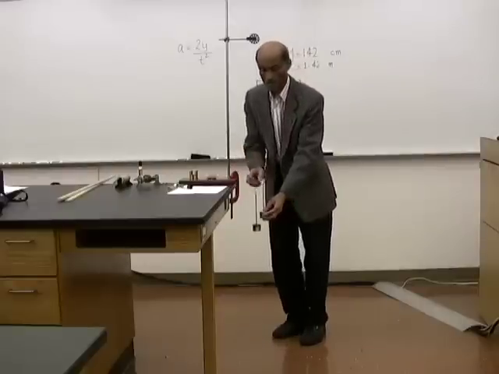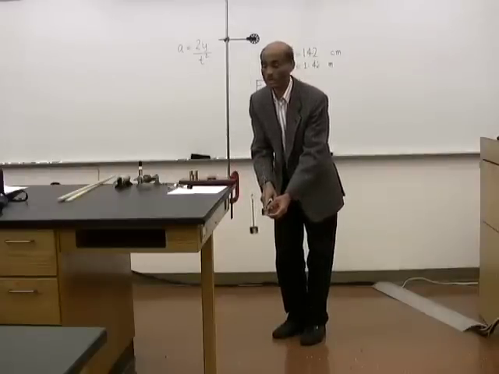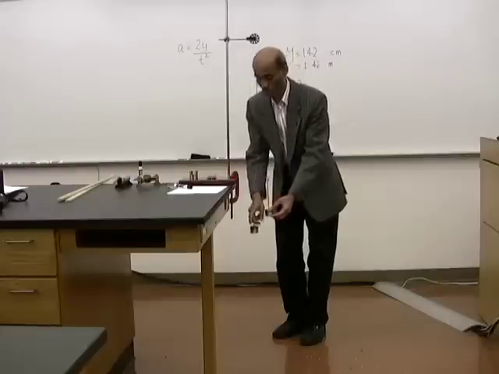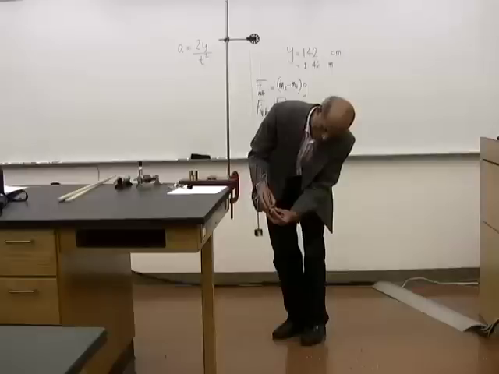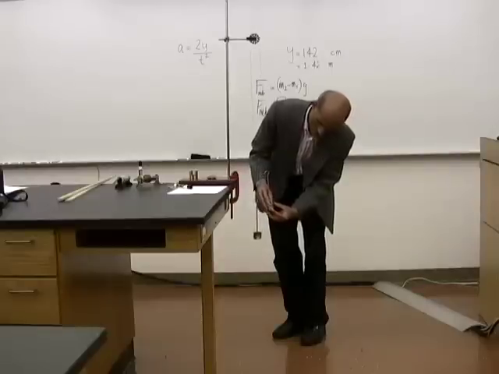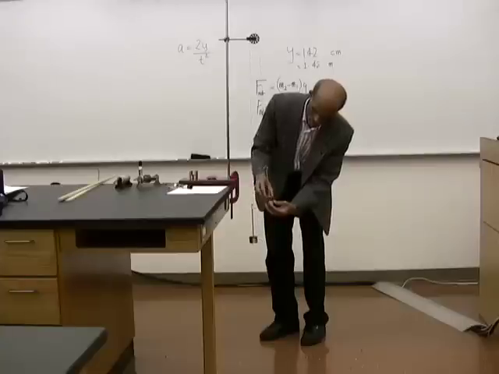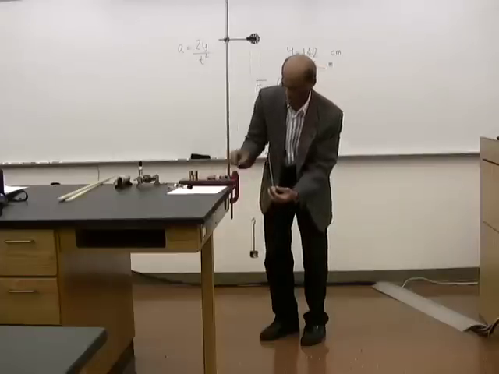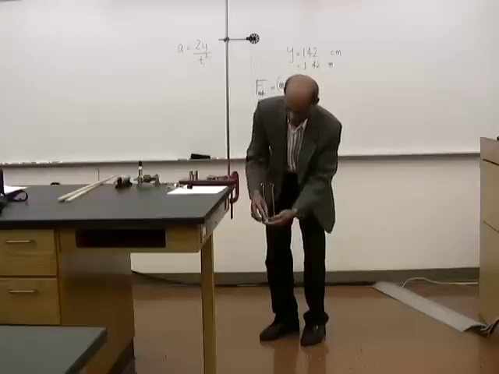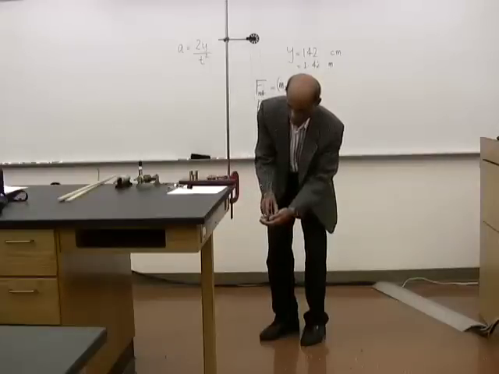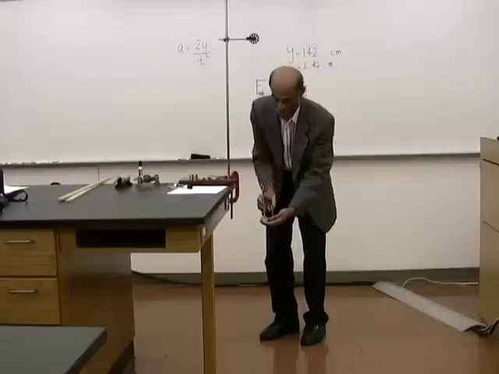In our next trial, we need to make M1 equal to 300 gram. M2 also is 300 gram. Is that right? Yes. So let's make 300 grams. I'm removing the 50s and also the 100s. I'm going to use these 200. Each of these is 200.